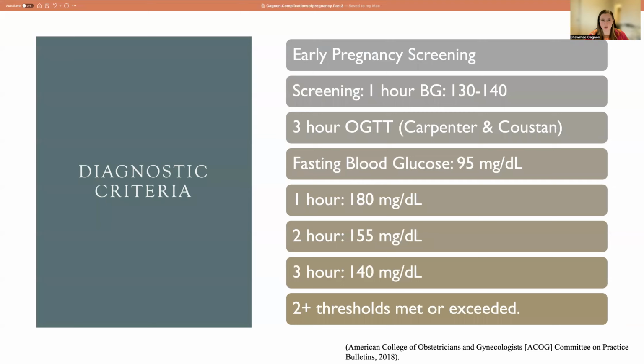In the first trimester, hopefully before 16 weeks at your first prenatal appointment, women who are overweight and have one additional risk factor, which we'll talk about in a little bit, are recommended to be screened for pre-gestational diabetes, because if they do have diabetes, we want to help them make lifestyle modifications and possibly initiate medication therapy as needed, just due to all of the increased risks of having uncontrolled diabetes during pregnancy.